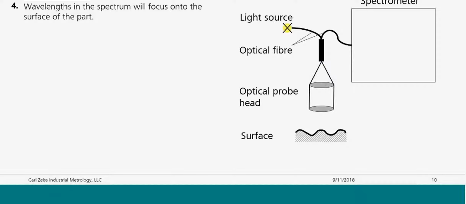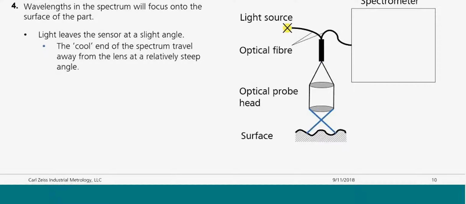Now, going into a little bit more detail on that, we have another diagram here off to the right. We have the light source. We have an optical fiber that's carrying that white light into the optical probe head with a series of stacked lenses. And then we have the surface underneath being measured. The light going through those lenses of the different colors will leave the sensor at a slightly different angle depending on what color it is.